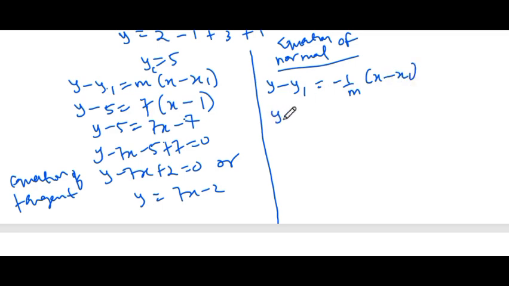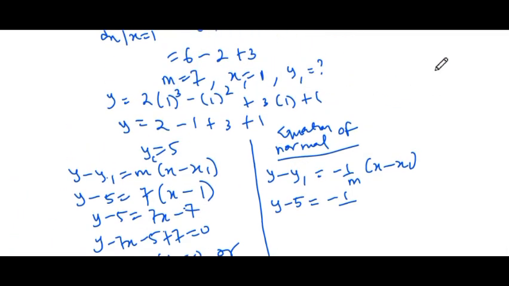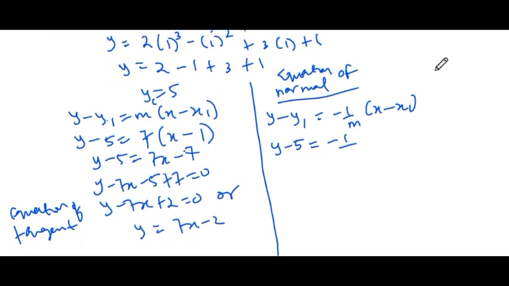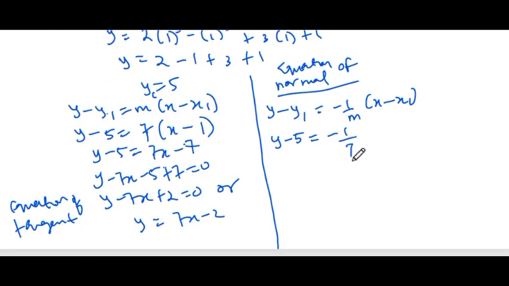So that's y minus, we already know y1 as 5, is equal to minus 1 over m, which is 7, minus 1 over 7 open bracket x minus x1, which is 1.